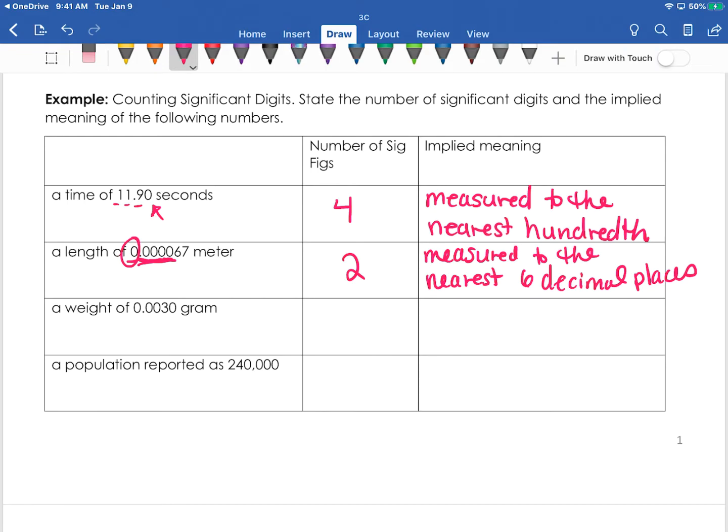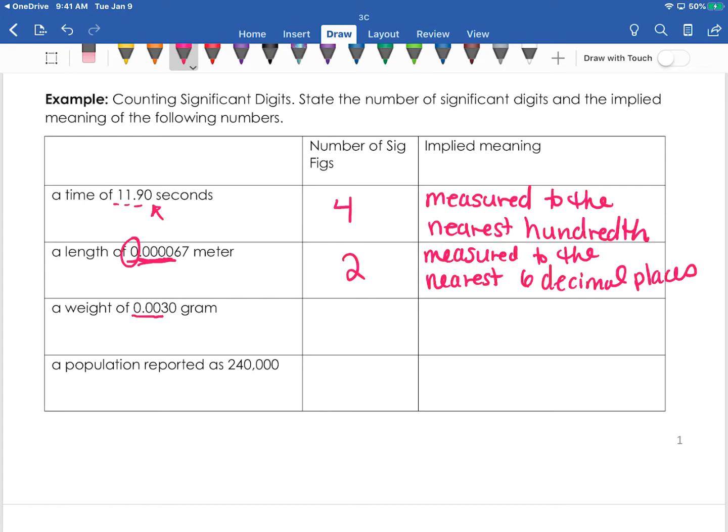Okay, the next example, a weight is measured in grams. The same thing as the previous examples, unless stated otherwise, these zeros here that I'm underlining in pink are not significant because they do not fall between 2 significant digits. The 3 is definitely significant. The 0 to the right of the 3 is significant because that is a trailing 0.